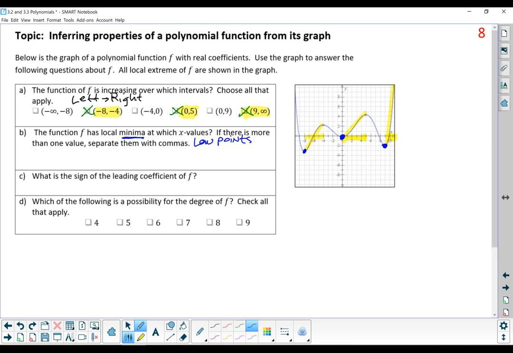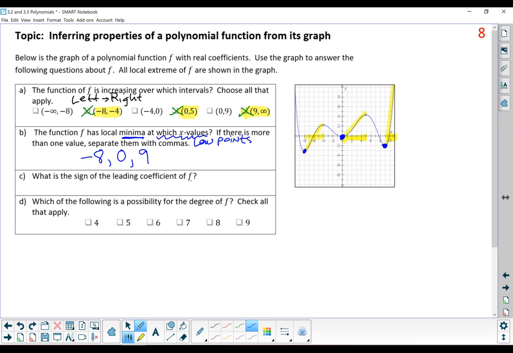So we have 3 local minima, and it asks us for their x values. And we will list them separated with a comma. So our first minima occurs at -8. Our next minima occurs at 0. And our final minima occurs at 9. And notice that those minima happen when the function is changing from decreasing to increasing.